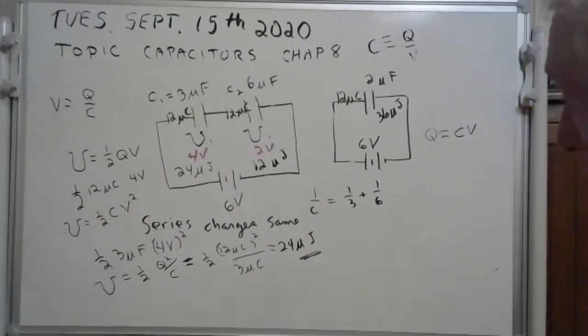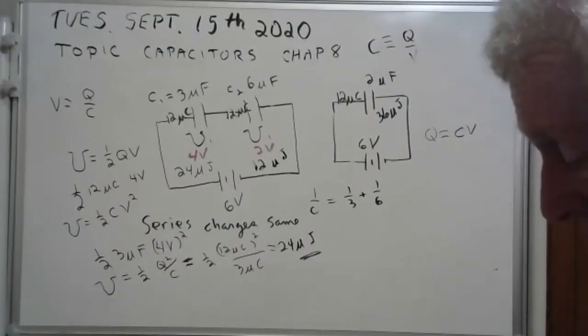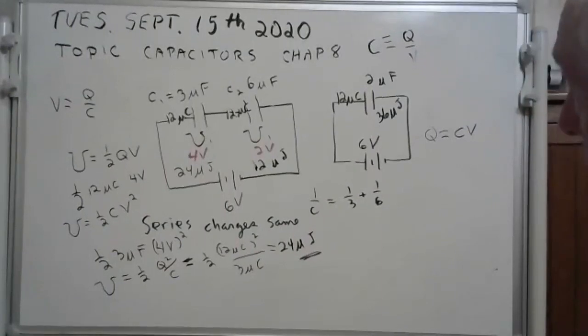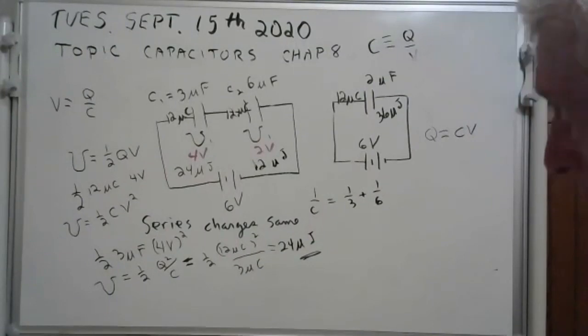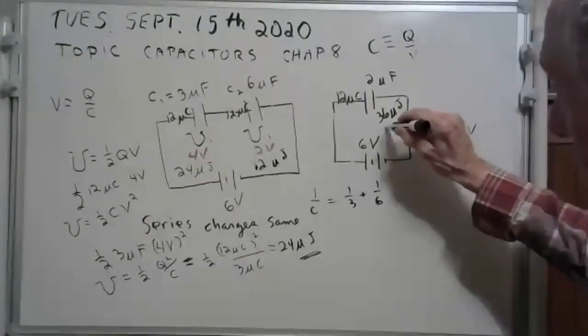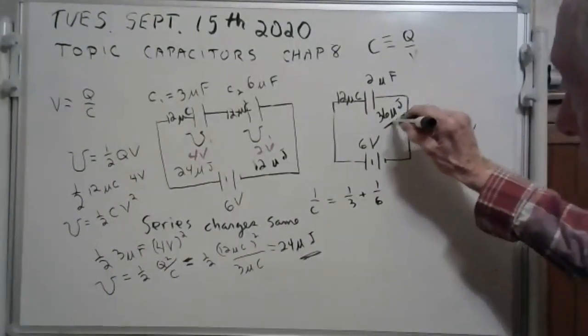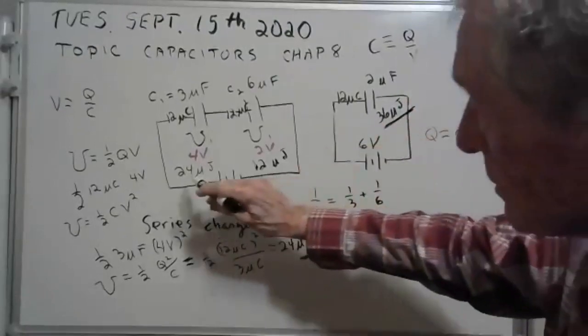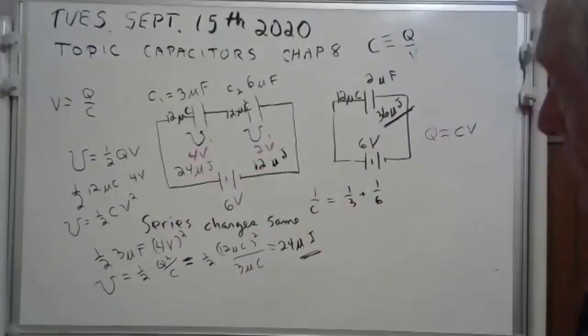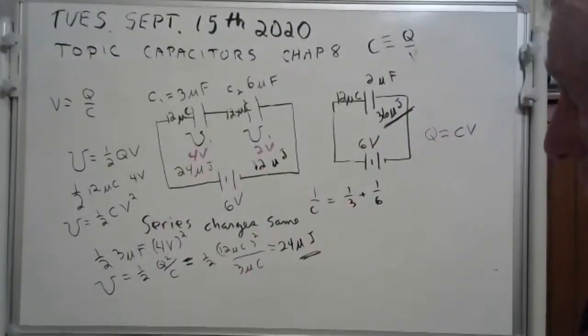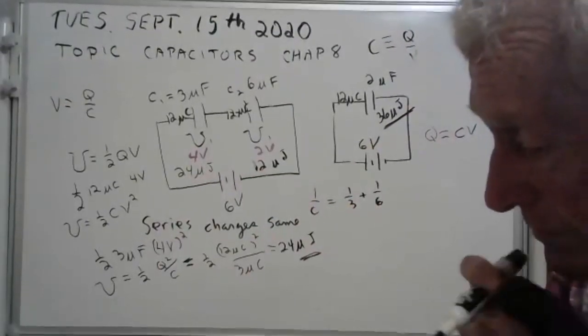Let's see, I did something wrong. 1/2 of the 12 microcoulombs times the 6 volts. I'm getting 36 microjoules. Well, see, that's the total. You get 24 on this one, 12 on that one. They add up to 36.